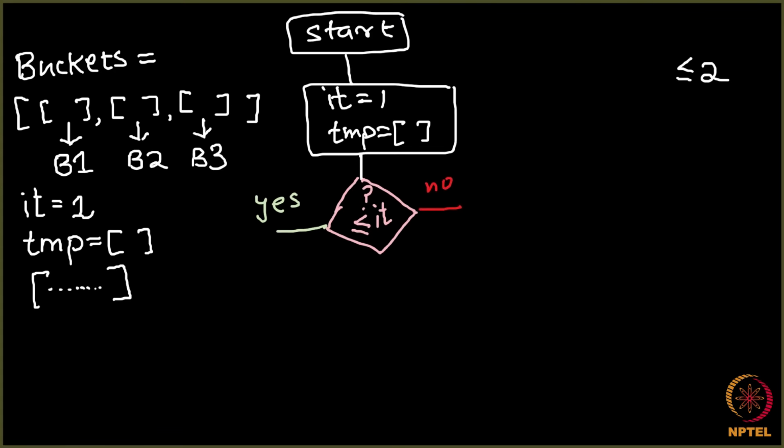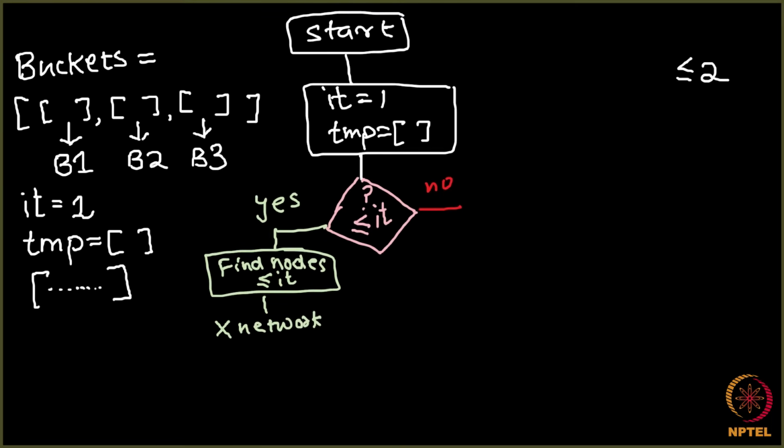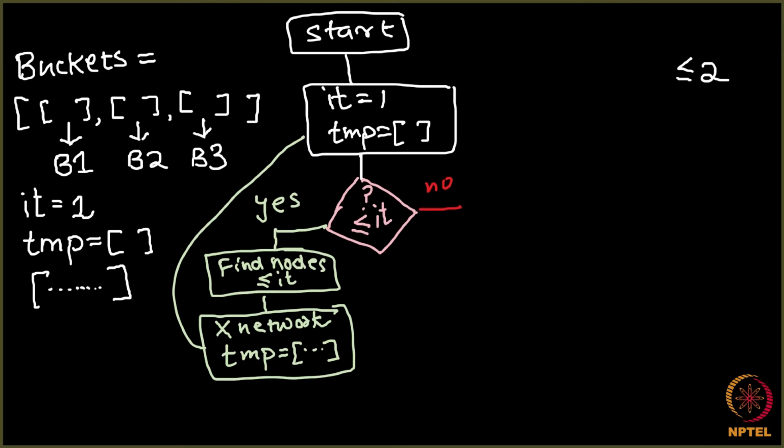So we find these nodes which have degree less than or equal to IT, and we remove these nodes from our network and append these nodes in our list TMP, which is the currently being filled bucket. That's what we do. And after doing this, we return back to here.